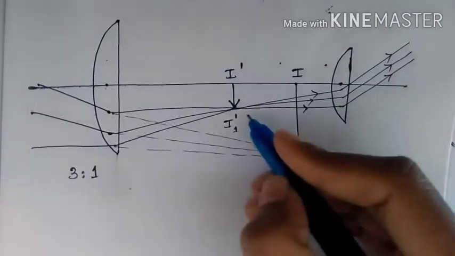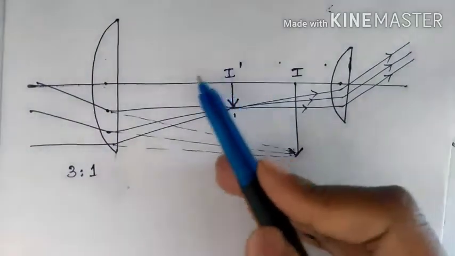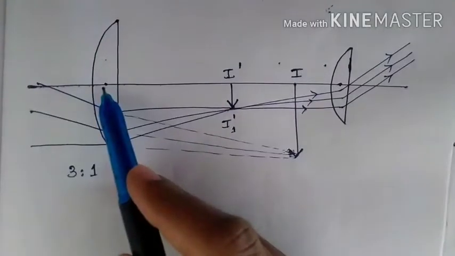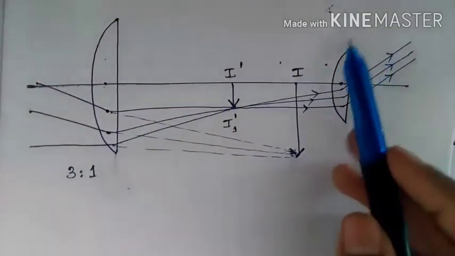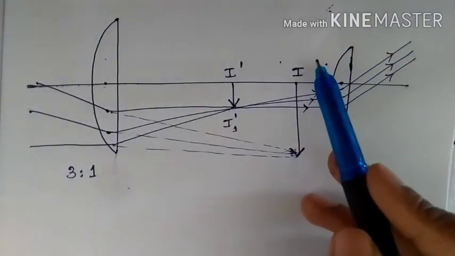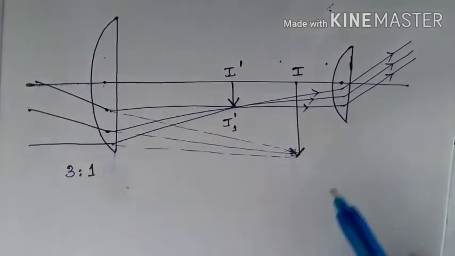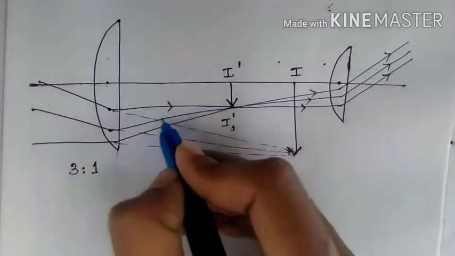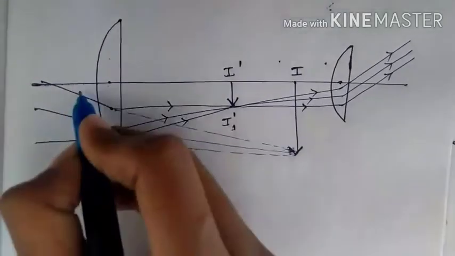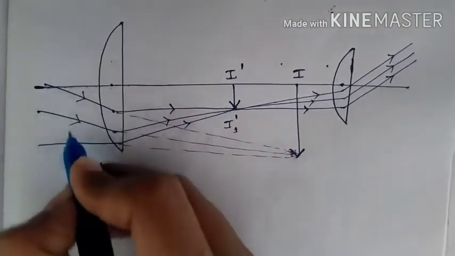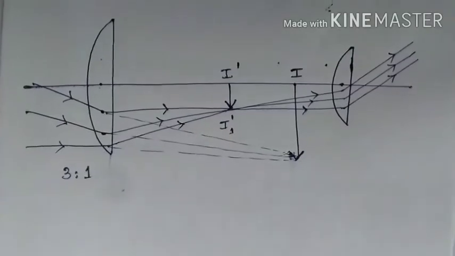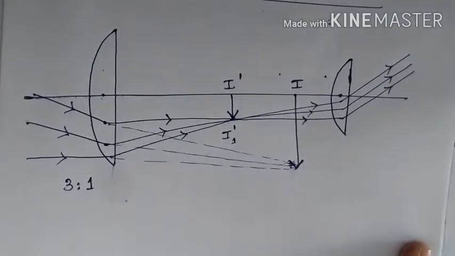The rays coming from the image of the field lens get refracted by the eye lens, and those rays will be parallel to each other. So the direction of the rays is in this direction. Hope this diagram is clear to you all.